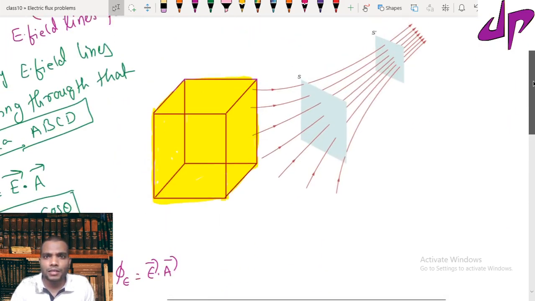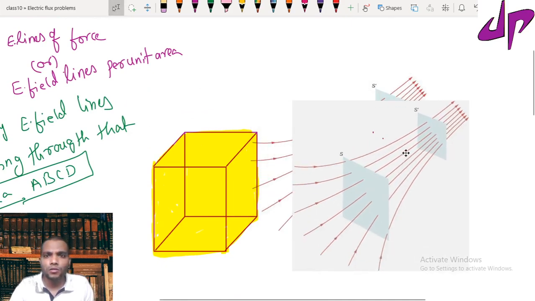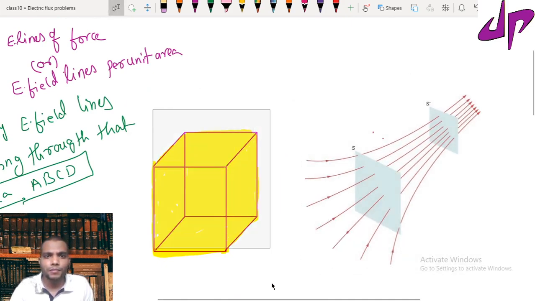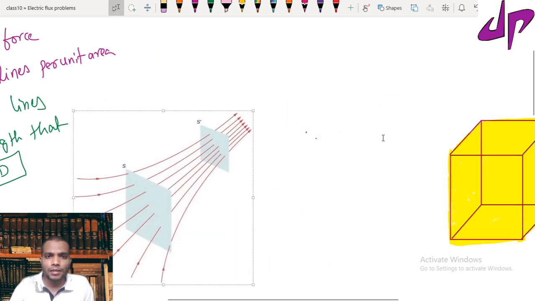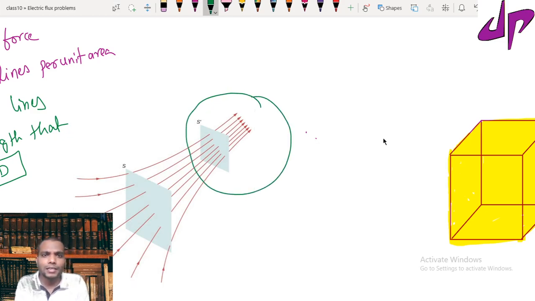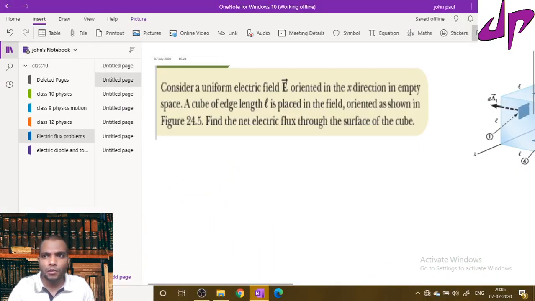You can see that in the same diagram here. How many electric field lines are passing through this given surface? The number of field lines passing here, and the number passing here, that is the flux through that surface. In the coming series of problems, we will find how to find the flux. So you can take this problem.